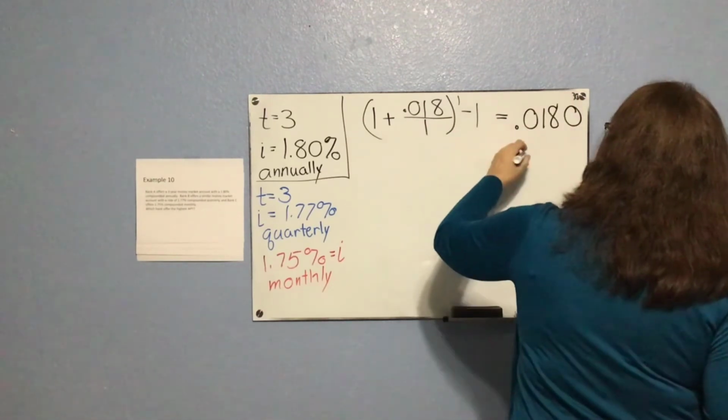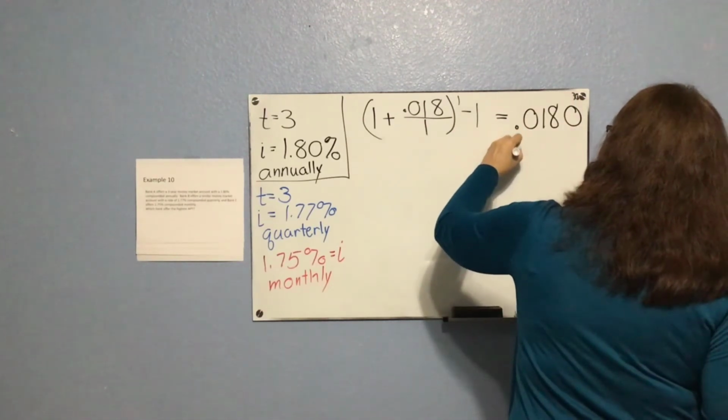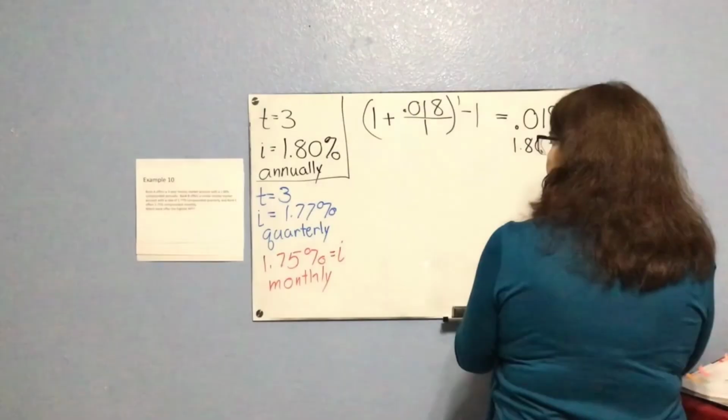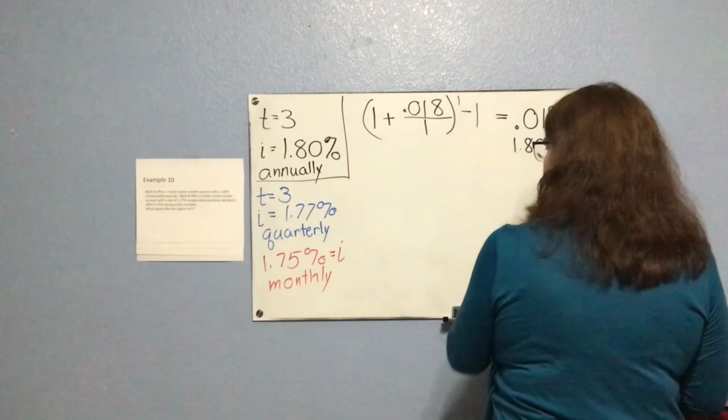So the interest rate is 1.80%, the APY. So let's look now at the second account.